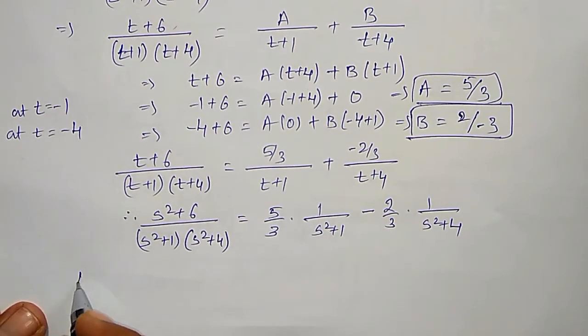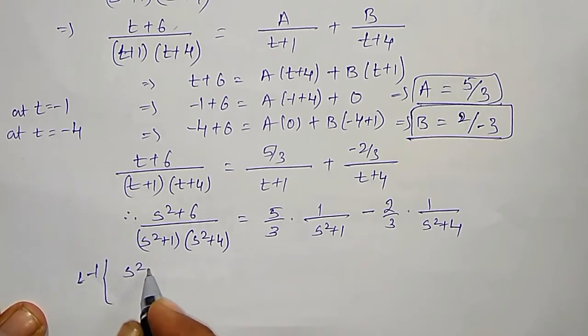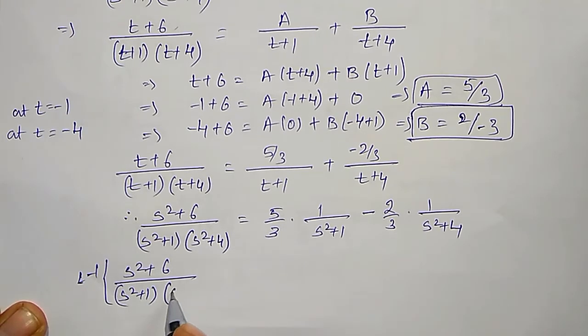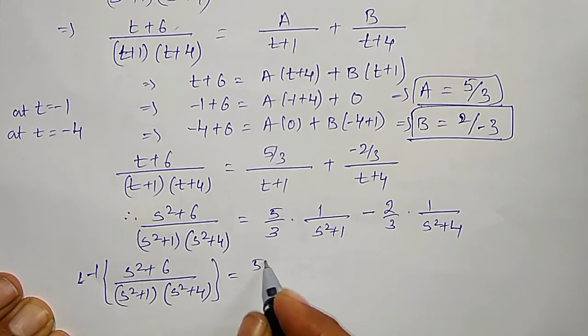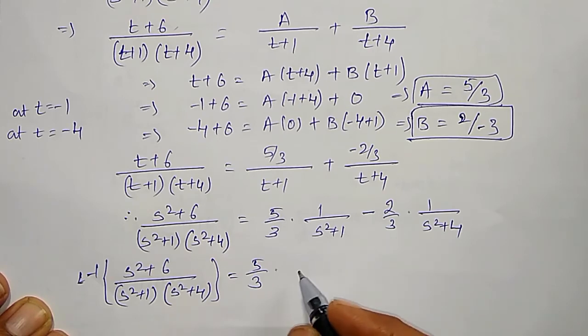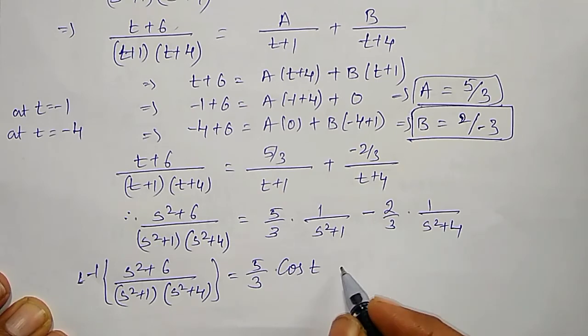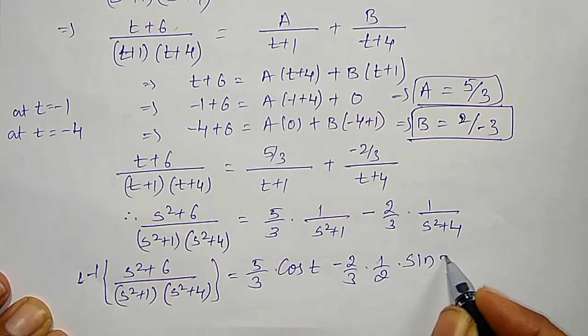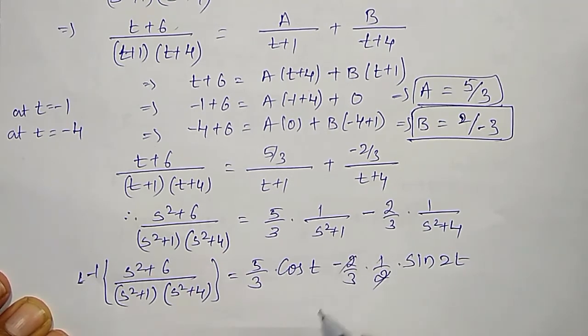The inverse Laplace transform is 5 by 3 into the inverse Laplace transform of 1 by s square plus 1, which is cos t, minus 2 by 3 into 1 by 2 into sine 2t.